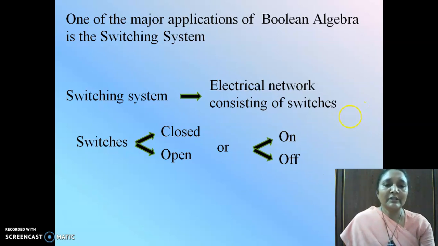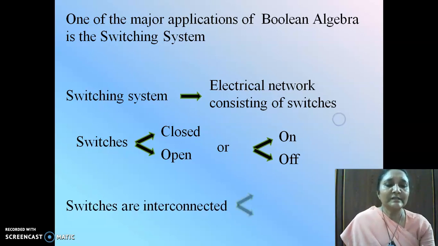When the switch is in a closed state, we can say that current passes through, and when it is in an open state, the current does not pass through. There are two ways in which the switches are generally interconnected. One is in series and another one is in parallel. What do we mean by in series, or when do we say two switches are connected in series?